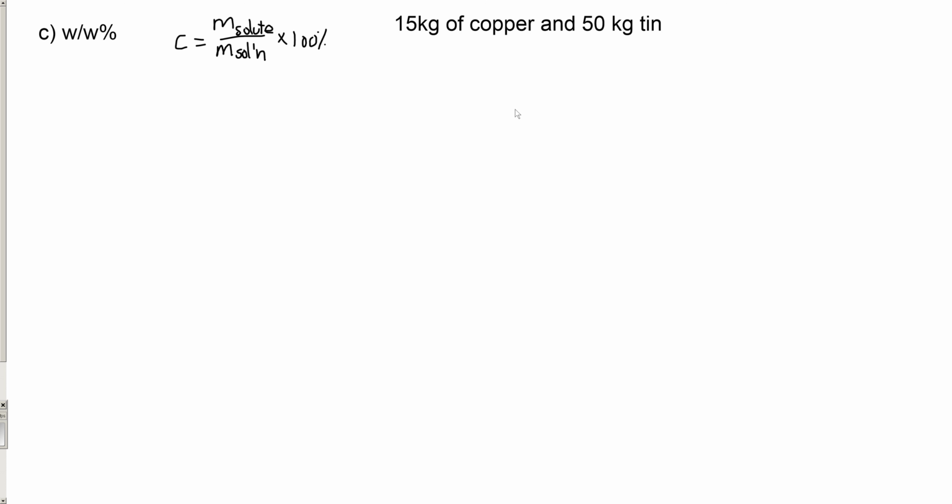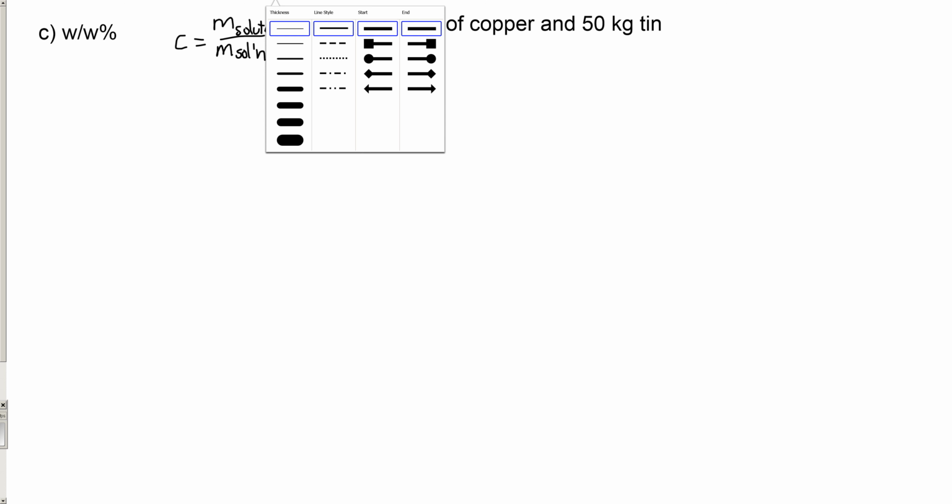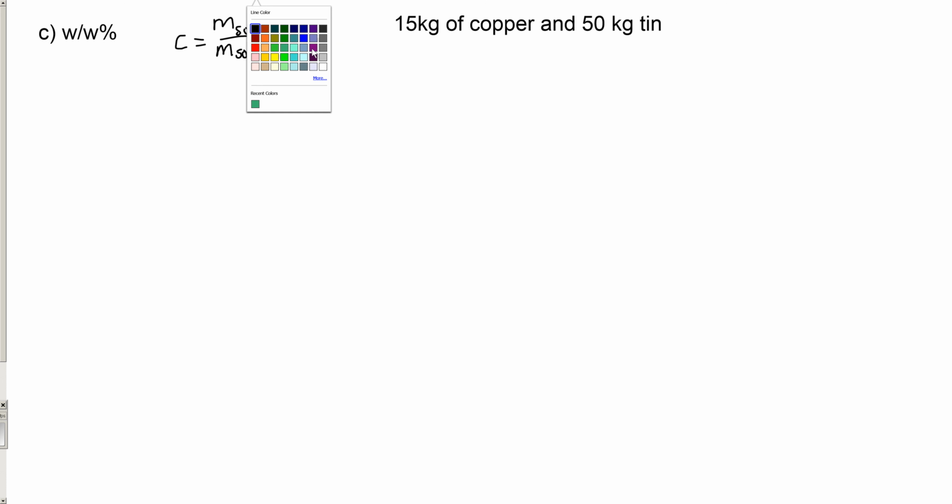So in this case, remember, the solute is always the chemical or the element in here that is the most plentiful, the thing you have the most of. So tin is going to be my solvent, and copper is going to be my solute.